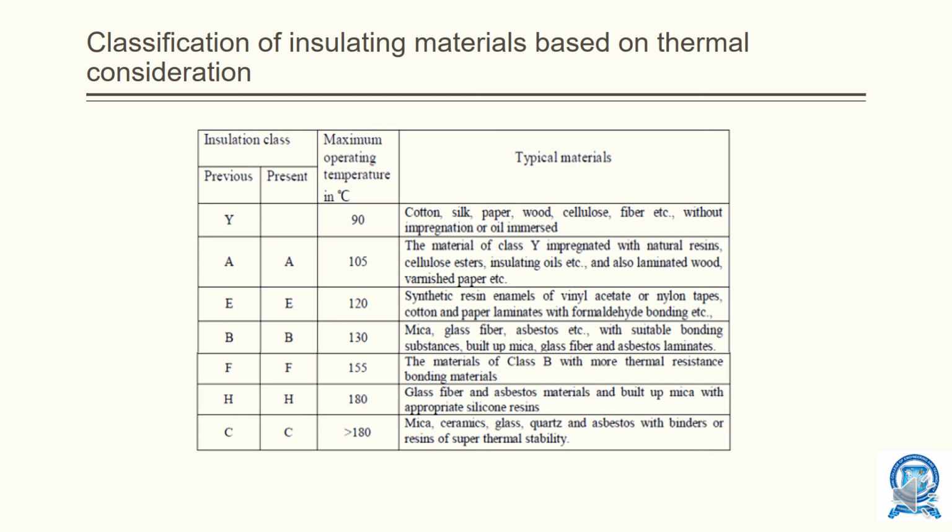If it is 120, it is E, and if it is 130, it is B. If it is 155, it is F, and 180, it is H, and if it is more than 180, it comes under C class. And various typical materials and examples have been coded under the corresponding classes.